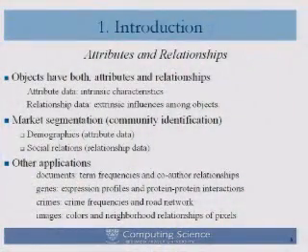However, in many practical applications, objects do have both aspects, attributes and relationships. Attribute data describing the intrinsic or internal characteristics of objects, relationship data describing the extrinsic, external influences and relationships among objects. Market segmentation will be one of our running examples.